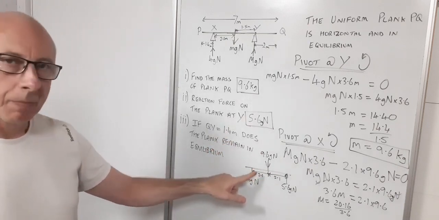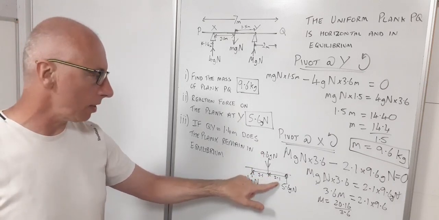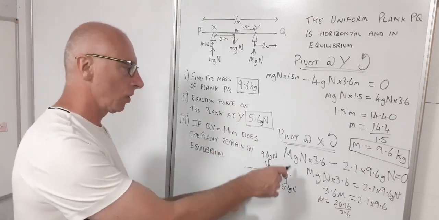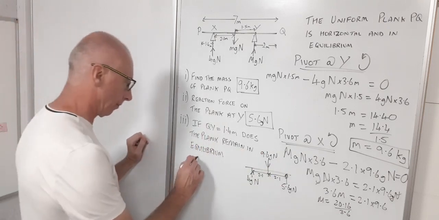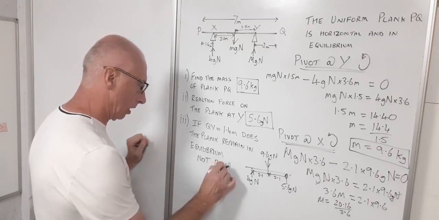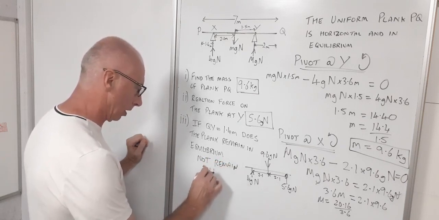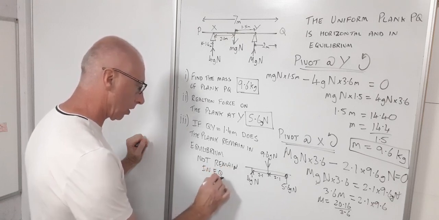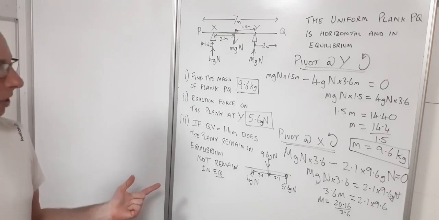Now with the distance from the pivot, if this was the pivot, is now the same, this is now going to rotate. So this would not remain in equilibrium. And that's the end of this question. That's all good.